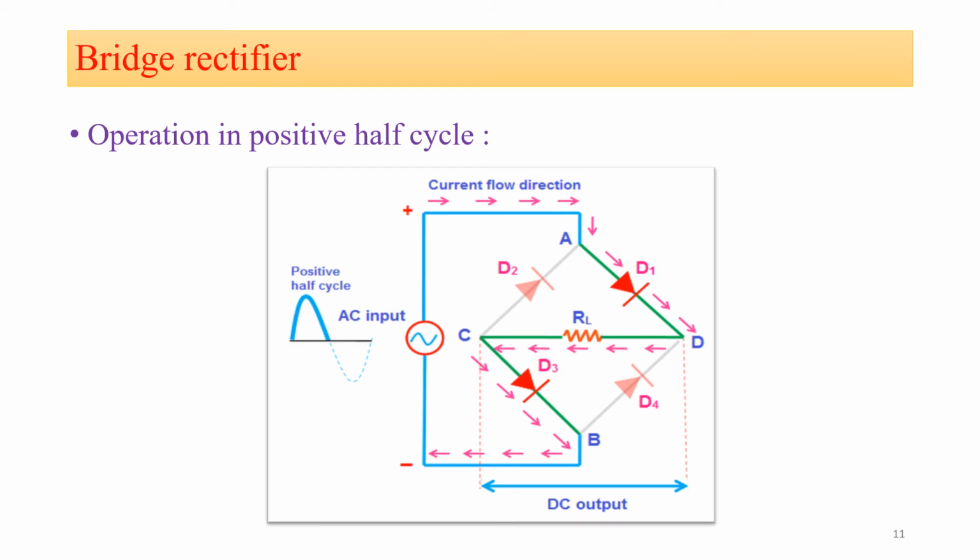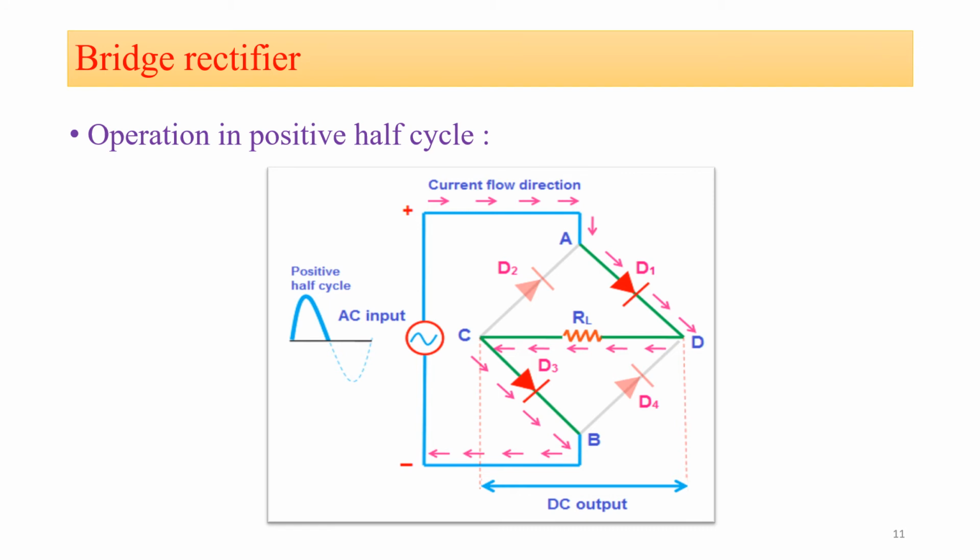The condition is: if the anode is connected to positive and the cathode to negative, then the diode will be in forward bias. Exactly opposite, if the anode is connected to the negative terminal of the supply and the cathode to the positive terminal, then the diode will be in reverse bias condition.